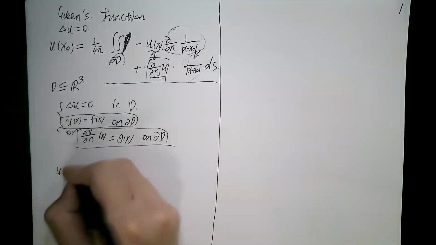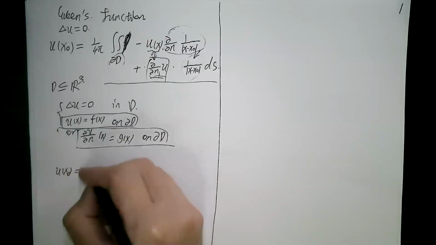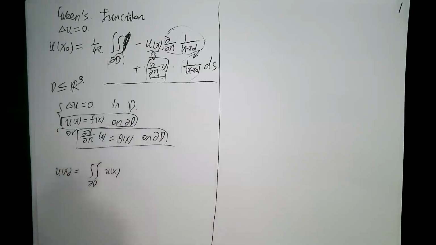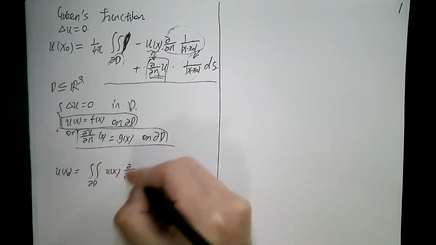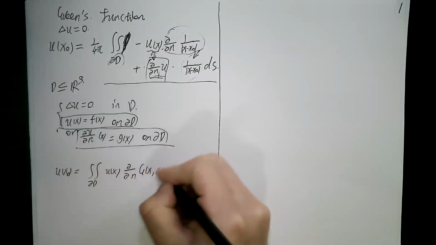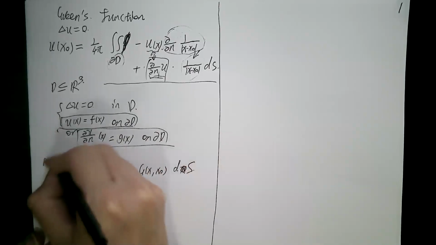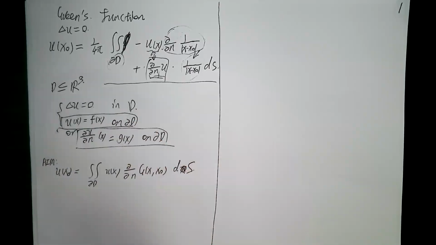For instance, we eventually write u of x naught equals something on the boundary that only depends on u, or only depends on partial n u times some other function. Okay, and this is our aim, so that this kind of problem would be solvable for an arbitrary domain D. Okay, this is our intuition about what we are going to do today.